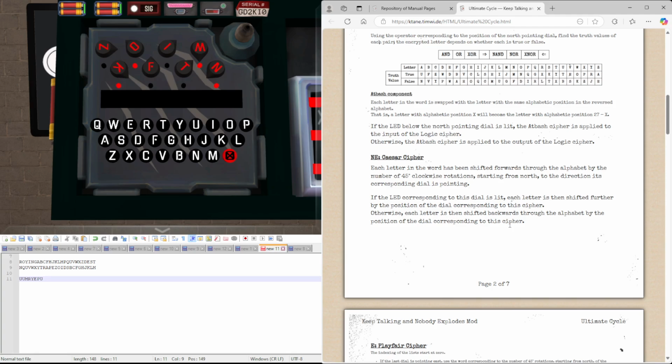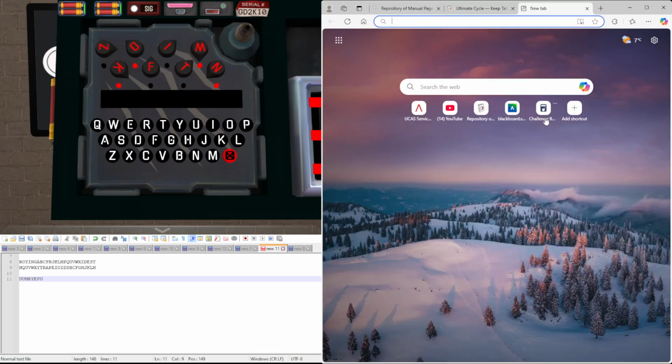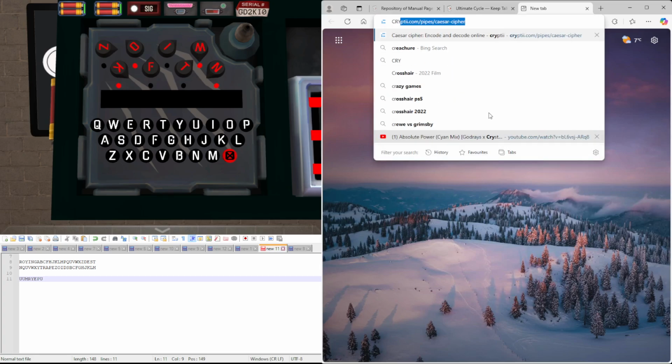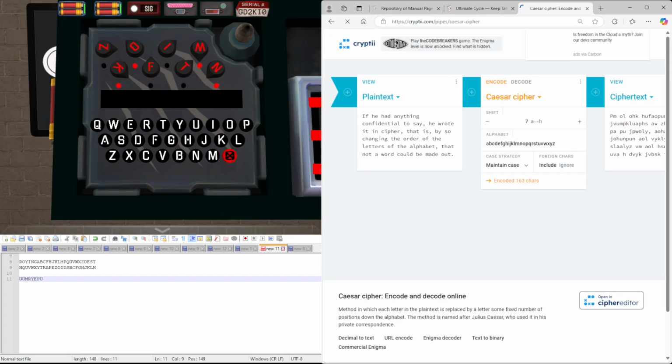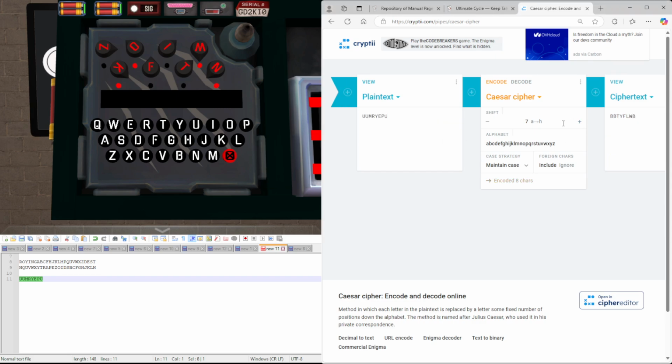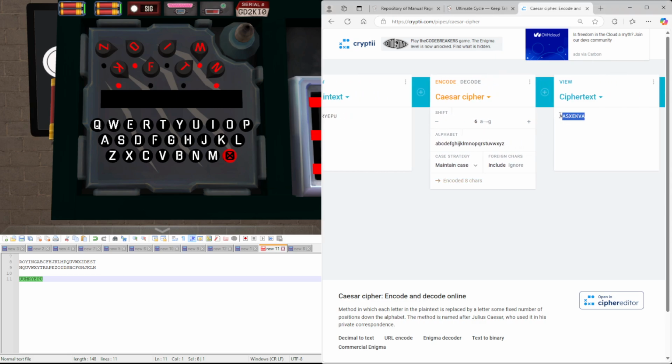So and then shift it forwards by the position of this dial, so 1, 2, 3, 4, 5, 6. So shift it forward by 6.